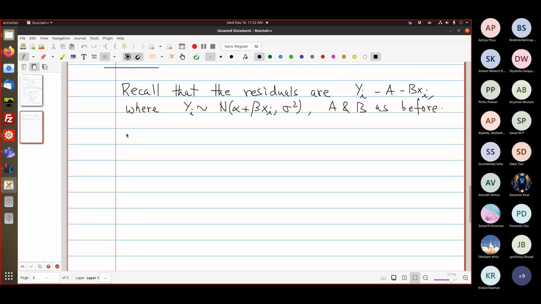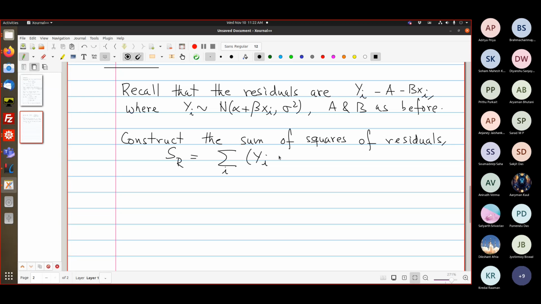So we'll construct the sum of squares of residuals as before. We'll call it now SR. So sum over i, yi minus a minus bxi, whole square.